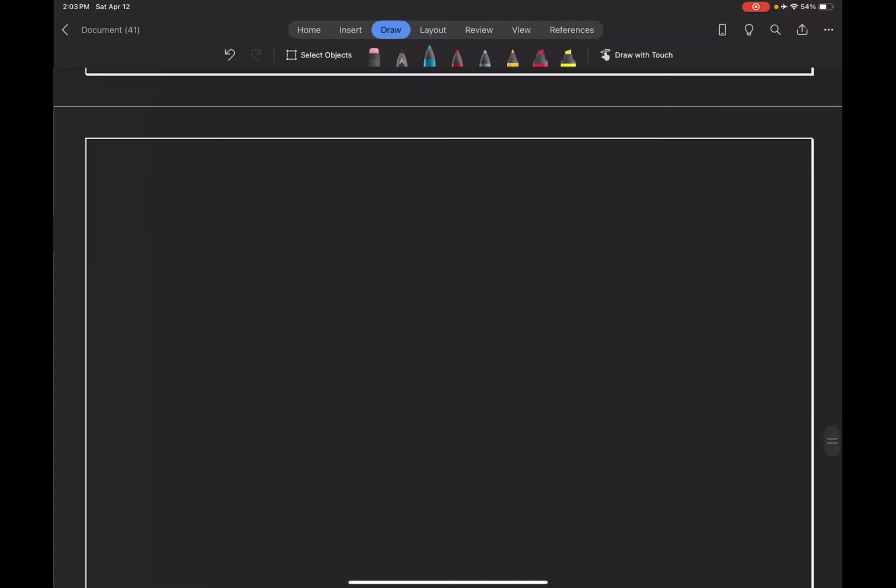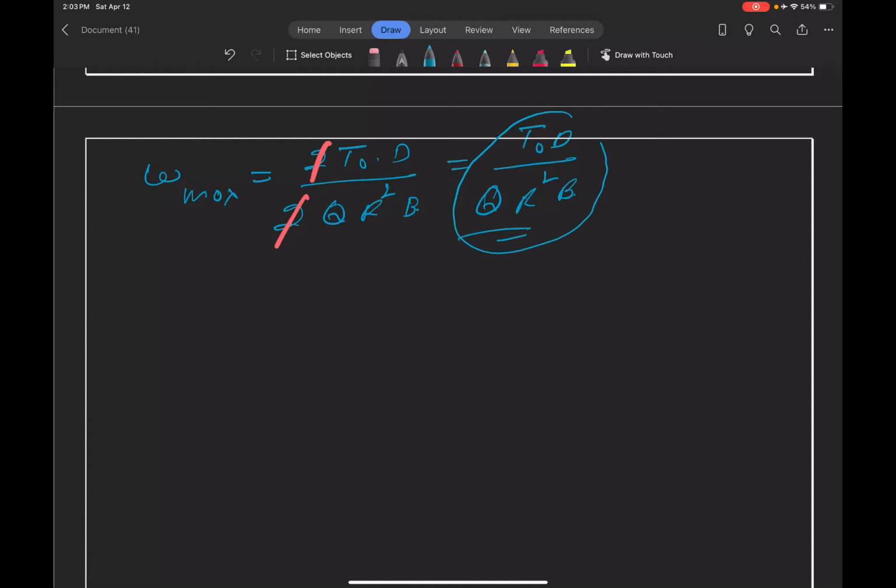Therefore we get omega max is equal to twice T naught times d divided by twice q r square b. 2 and 2 cancel out. This gives us T naught d divided by q r square b. So this is our maximum angular frequency.